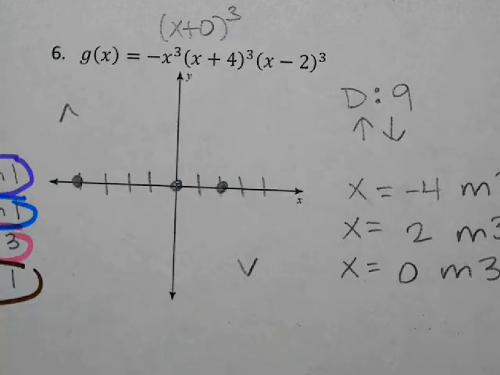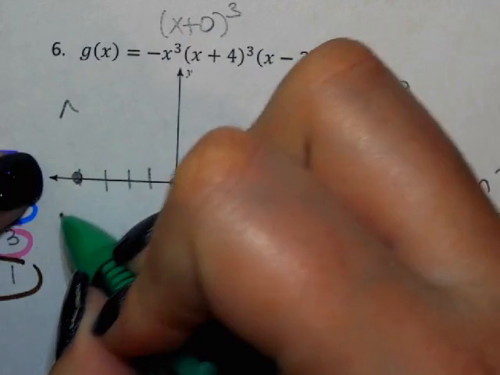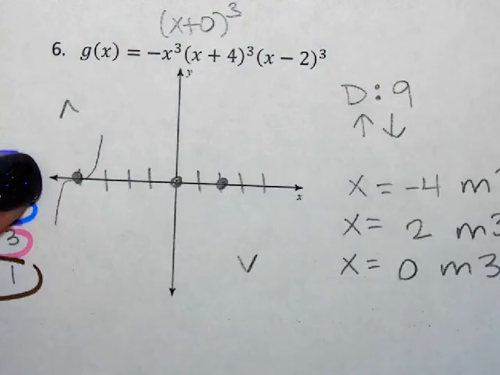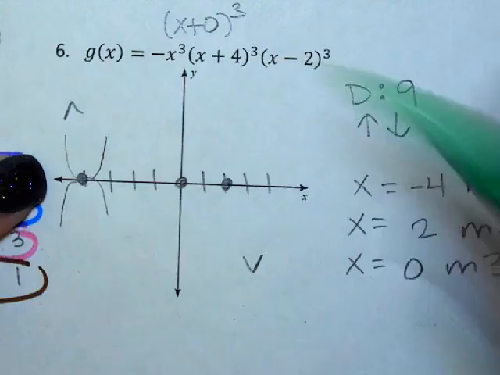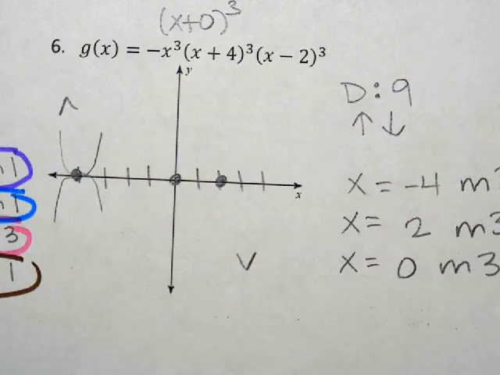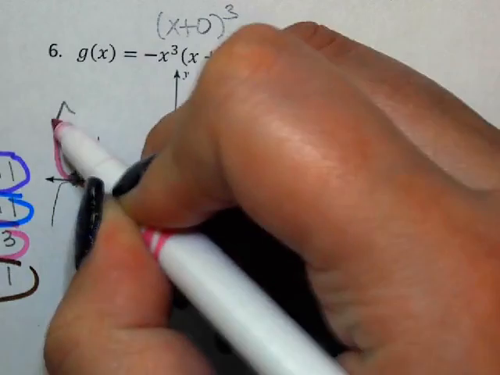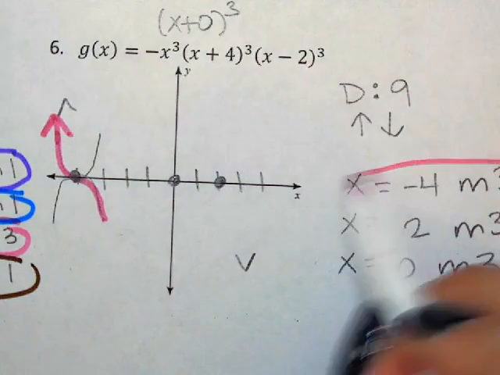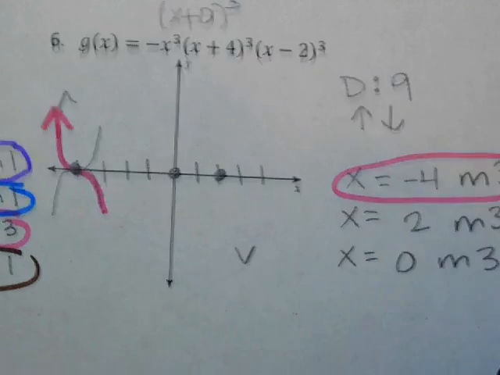Okay. -4, multiplicity of 3. So are we going up, leveling out, going up? Or are we going down, leveling off, going down? Down, down. Okay. And then for 0, are we going up, leveling off, going up? Or are we going down, leveling off, going down?